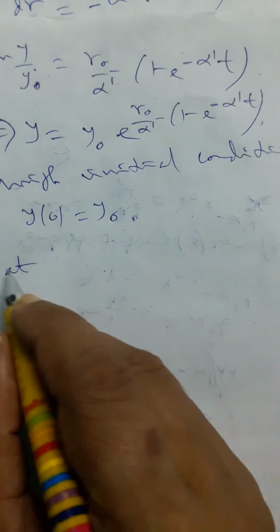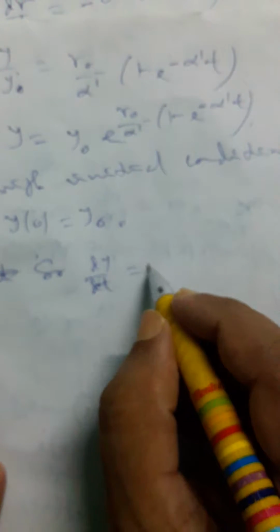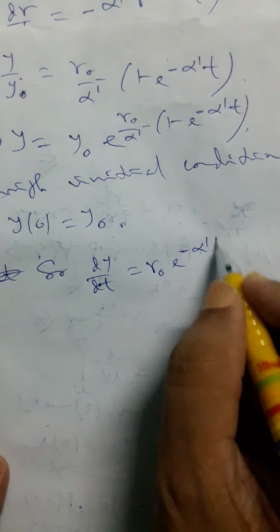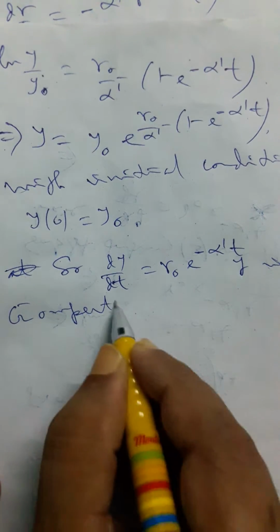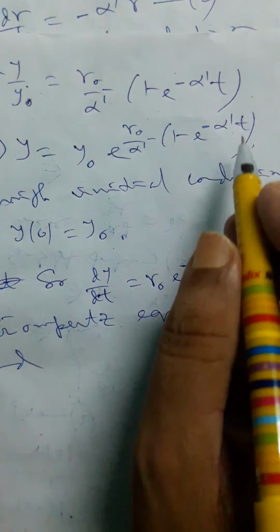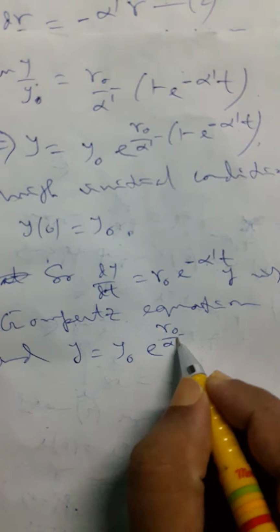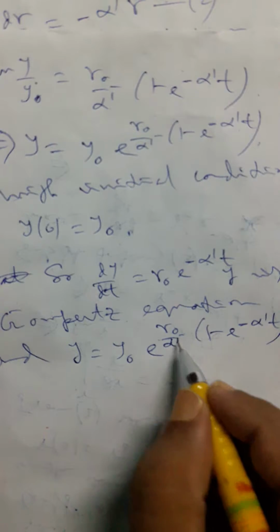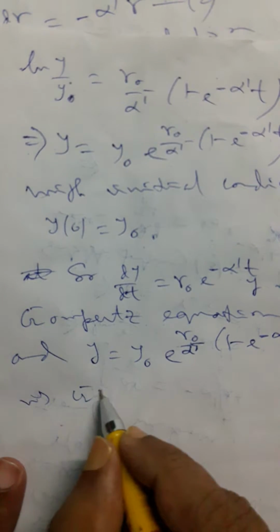So dy/dt equals r0 e to the power minus alpha dash t into y is the Gompertz equation, and this equation's solution, y equals y0 e to the power r0 by alpha dash times (1 minus e to the power minus alpha dash t), is the Gompertz function.